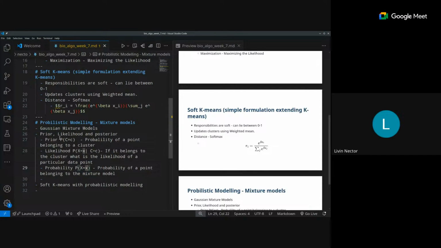The posterior is just the product of the prior and the likelihood. So that's what we call the posterior, or the posterior probability.